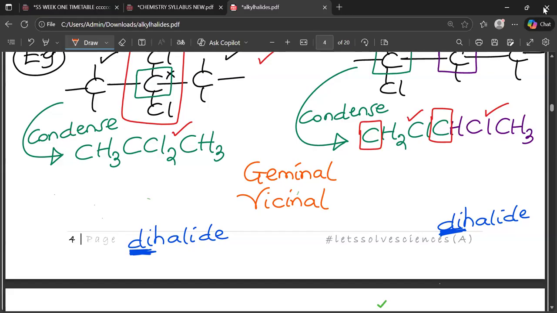I want you to go to the internet right now. You ask Google or AI, what does gemino mean? Or where does the word gemino come from? You see, in chemistry, most of the words, for you to understand them, you should first understand, why was it really called gemino? Where does this word come from? Especially in organic chemistry.